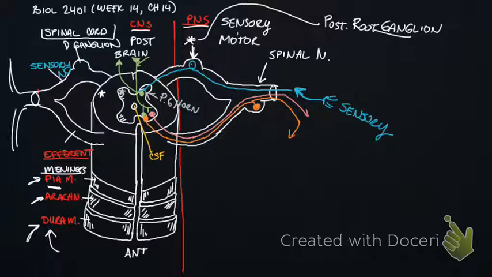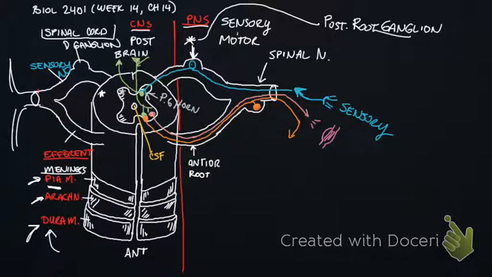So if it's taken to, say, a skeletal muscle, which is voluntary, then it is a somatic motor neuron. And it just follows the same path. And this would be an anterior root.